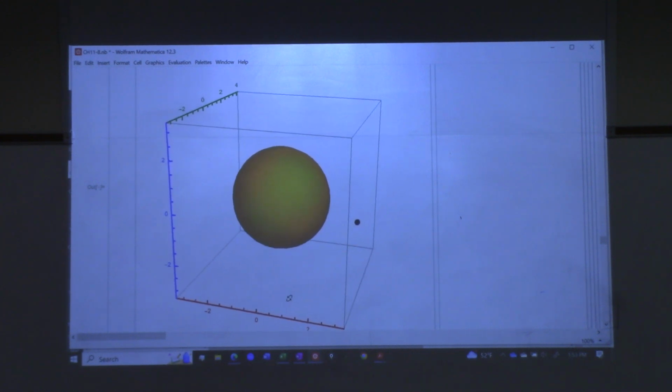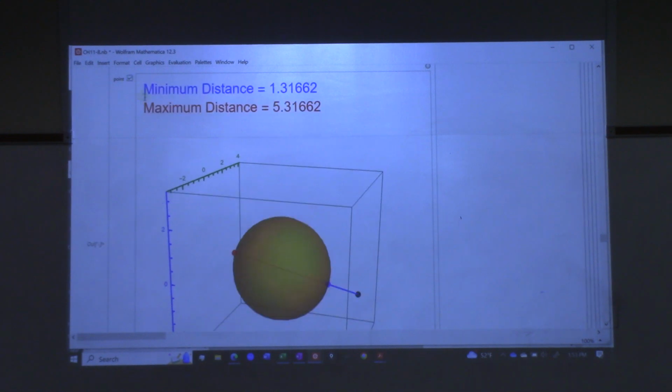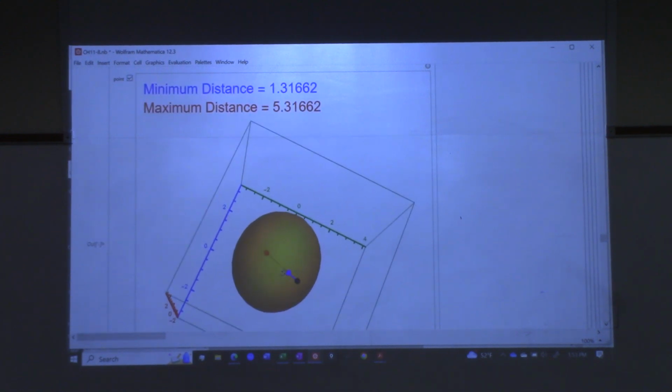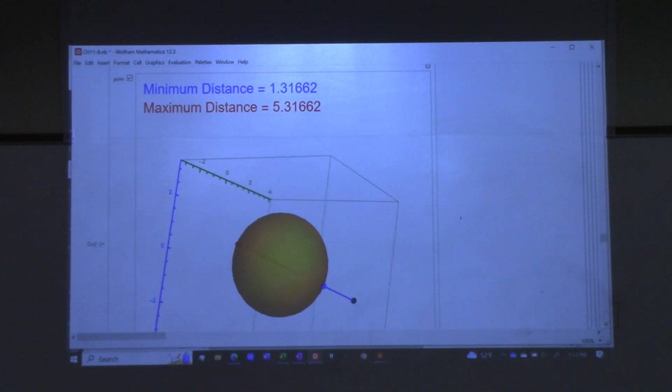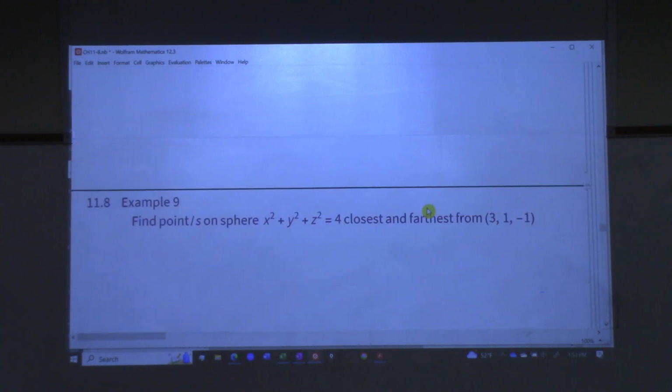And what we're trying to find are 2 points. One point that is closest to that black point, which is the blue point, that lives on that sphere, and we're trying to find the red point, which is the furthest point away from that black point, but on the sphere still. So there's 2 points on that sphere, one that's closest and one that's furthest away. We need to find out what they are. That's the geometry of the problem.